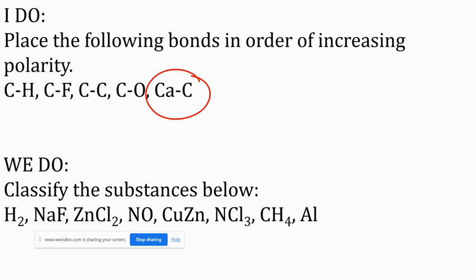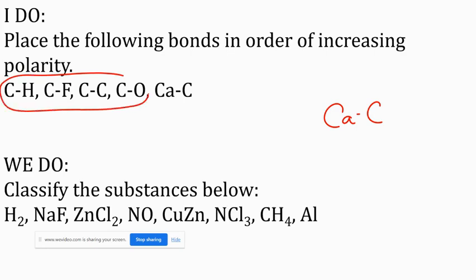What do we know about the electronegativity difference between a metal and a nonmetal? It's very large. Okay, that's why you form ionic compounds. So this guy is going to be way over here. I'm going to go ahead and place him. Now, the rest of these are all nonmetal. That's what we have left. So now we're going to look at the electronegativity difference here. What's going to have the greatest electronegativity difference from these? Yep, so I'm going to put him next.